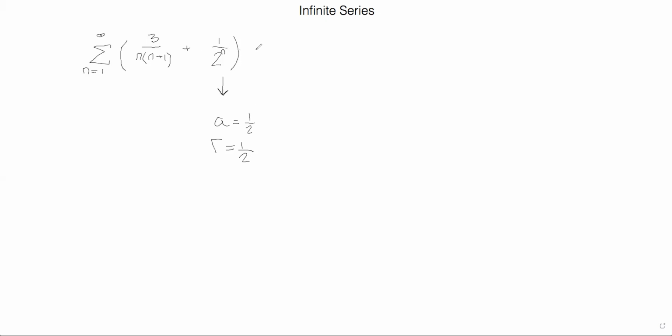So let's see if we can split this up and then determine what the separate parts add up to. I want to write this as the infinite series, n equals 1 to infinity, of our first term, 3 divided by n times n plus 1. And then we're just going to add the other part. We're dealing with this part right now.